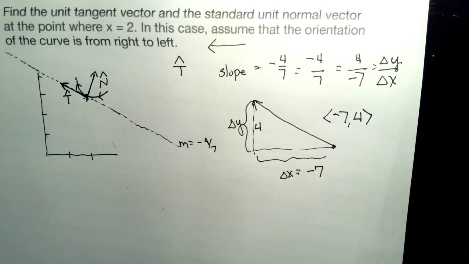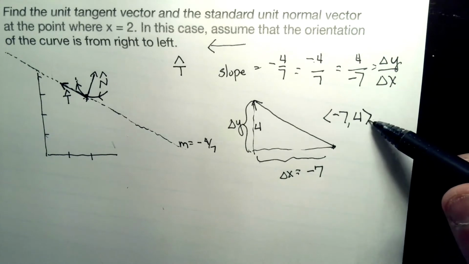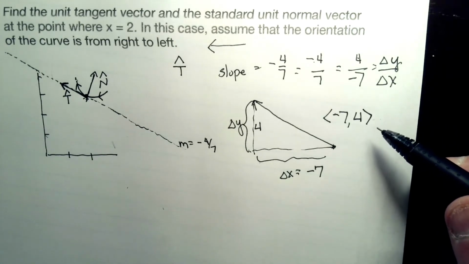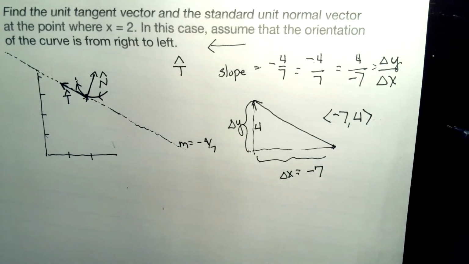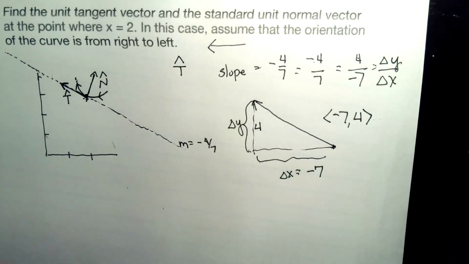But notice I did not call it a unit tangent vector, because I'm certain this does not have magnitude 1. The length of this vector is not 1. So what we need to do is scale this so that it has a magnitude of 1. So remember how to do that. We find a unit vector in the same direction as this. That means we need to divide by the magnitude. Right?